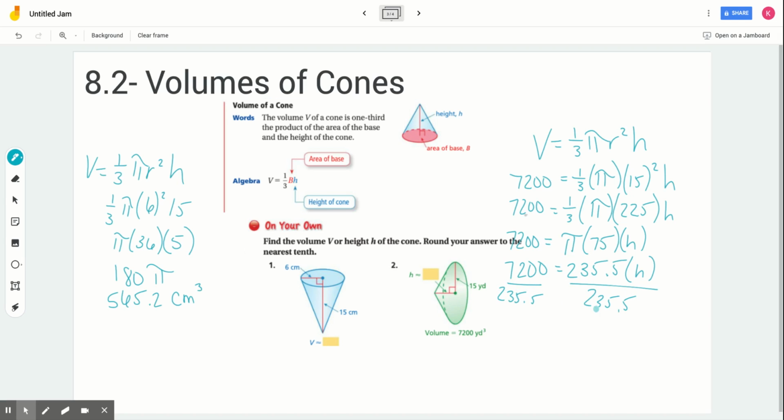So go ahead and divide 7,200 by 235.5. When you divided, you should have ended up with 30.57. Keep in mind that we're rounding to the nearest tenth, so the height is equal to 30.6 yards.